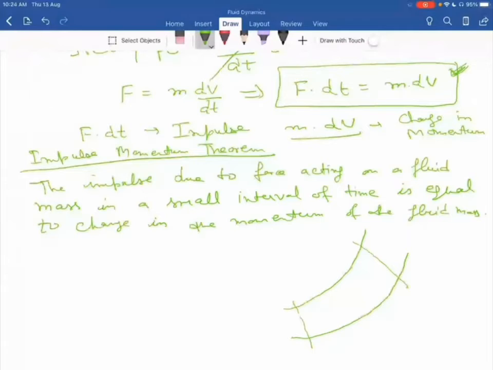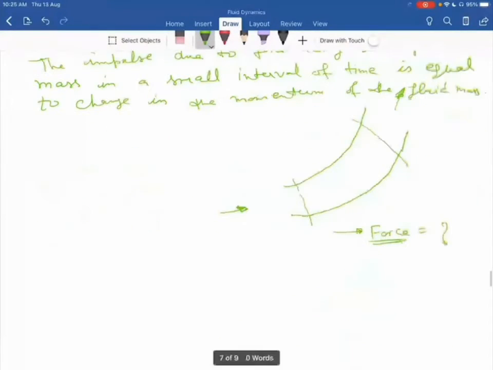Okay, some fluid is flowing through this, entering from this side and leaving from this side. When liquid changes its direction in a pipe, the liquid applies some force on this bend. If I have to find out that force, I have to use the impulse momentum relation. How can we find it out?